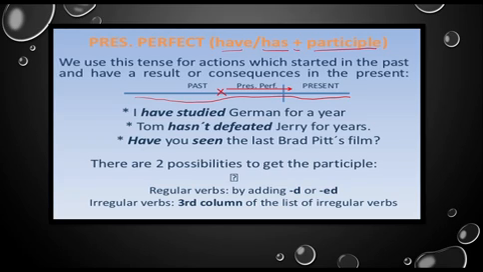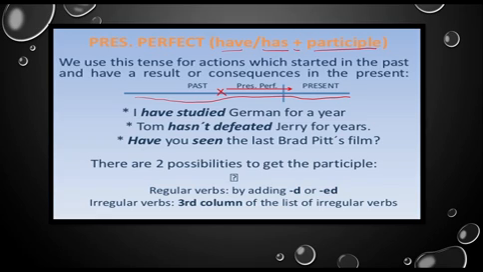Vamos a estar usando las acciones del presente perfecto y en el pasado como el resultado o las consecuencias del mismo presente, es decir, algo que ya nos ha sucedido en el pasado y que ha tenido consecuencias hasta en la actualidad.